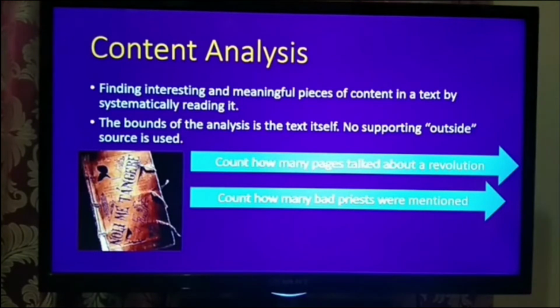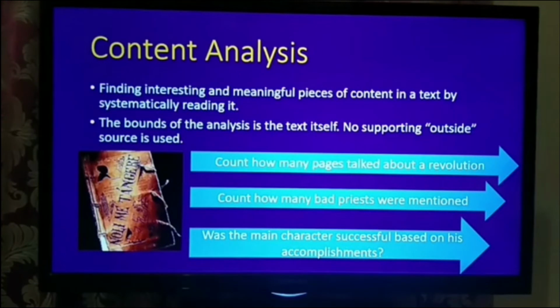And that is a clue about the historical situation as reflected by the document. Was the main character successful based on his accomplishments? So you can see there in the ending that the revolution failed. And what does that mean? Is the author saying that revolution is not the answer to societal problems? So these are questions that help you do content analysis.